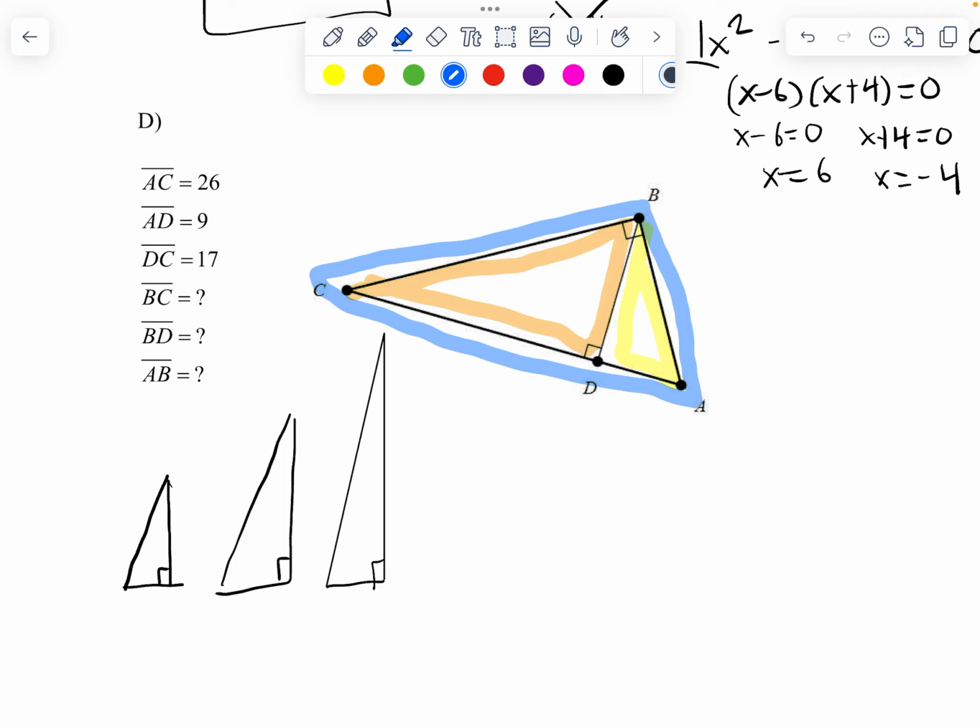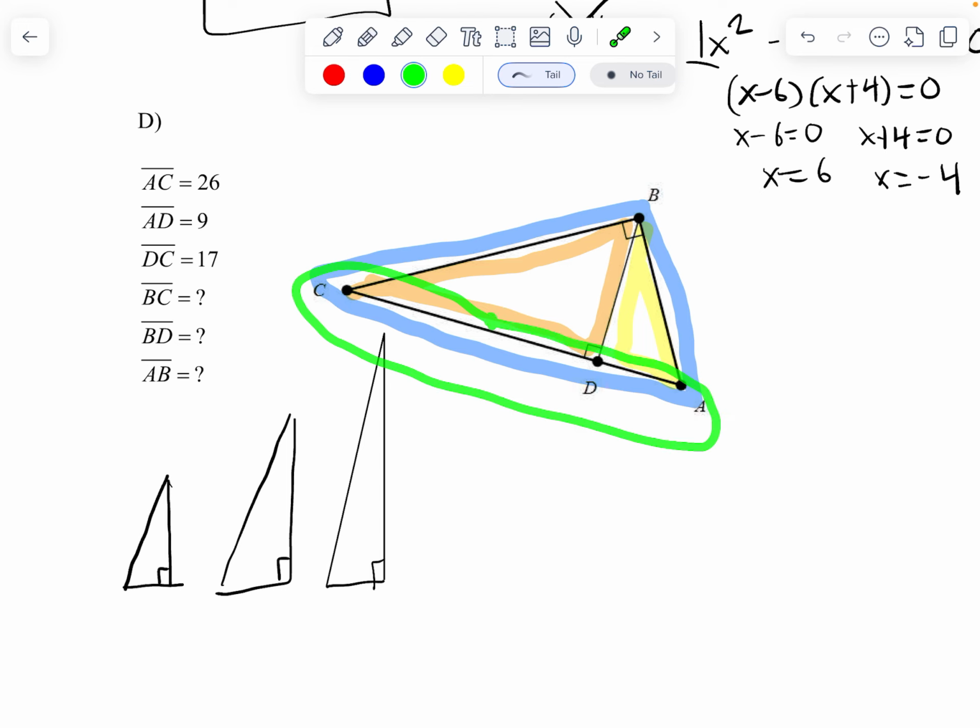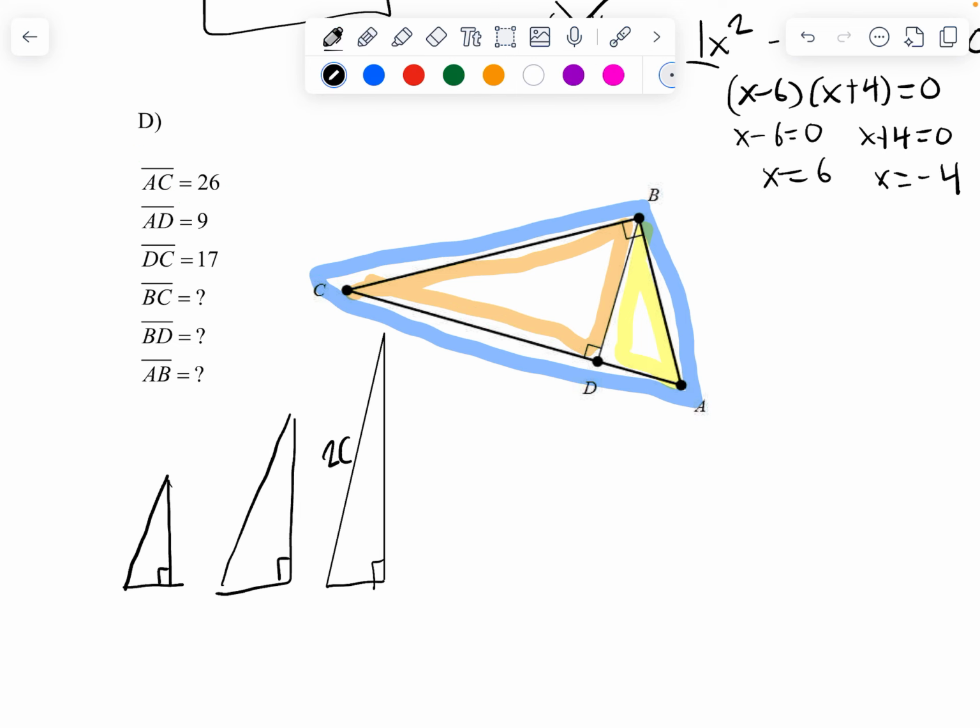A to C. Okay, A to C is this side right here. And we're told that that is 26. Now that is the hypotenuse of our triangle right here. So I'm going to put 26 right there.